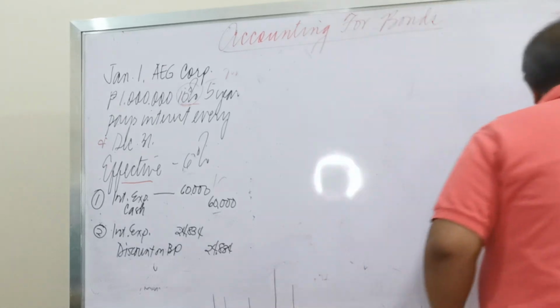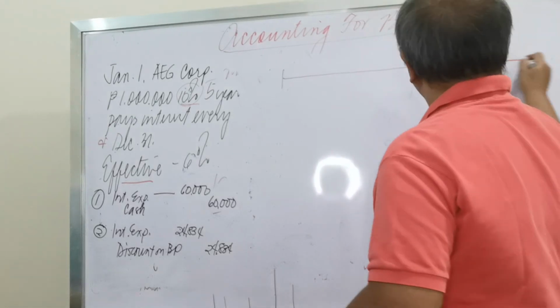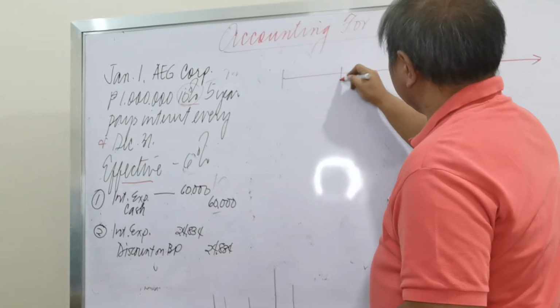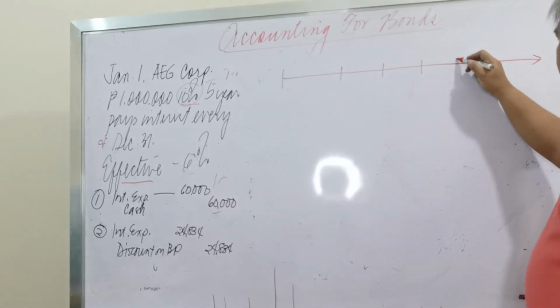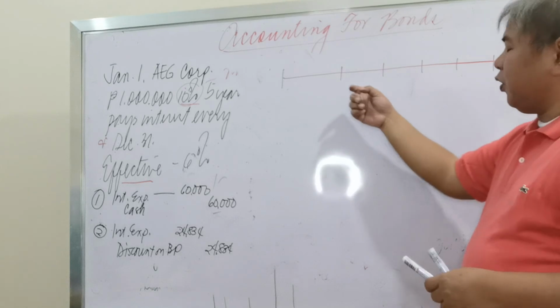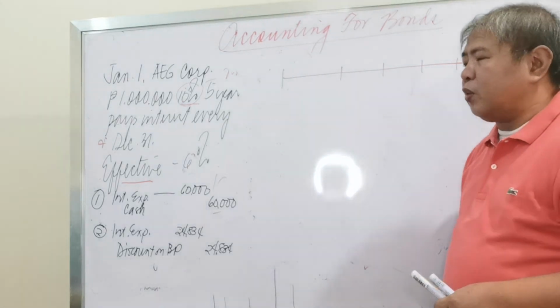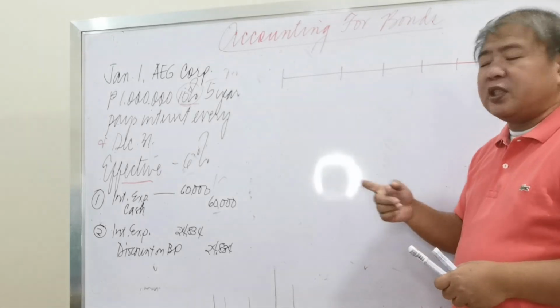Again, let's do the timeline. So every December 31st, 1, 2, 3, 4, and 5. Every December 31st, the bond issuer will have to pay the nominal interest to the bondholder or the bond investor.